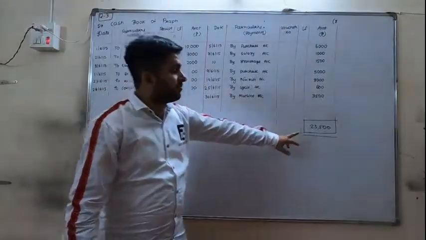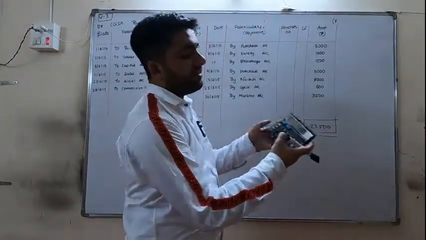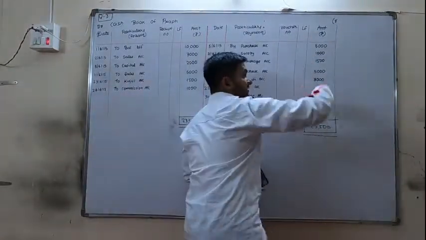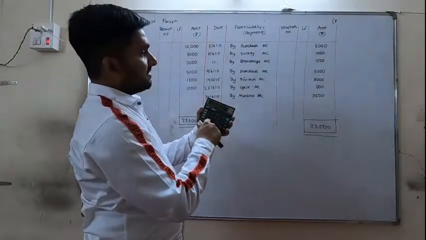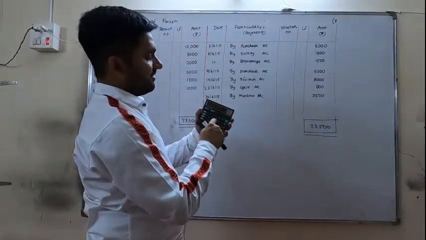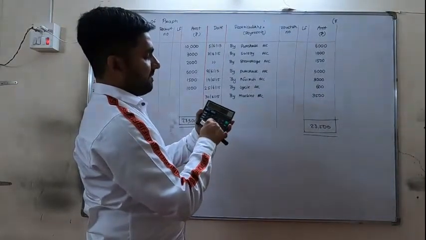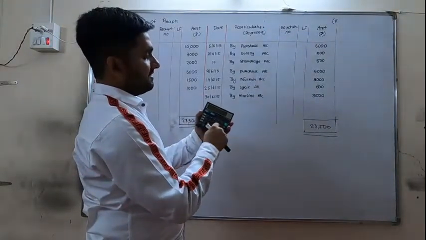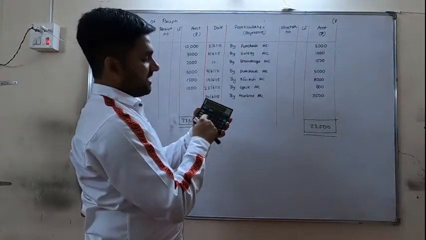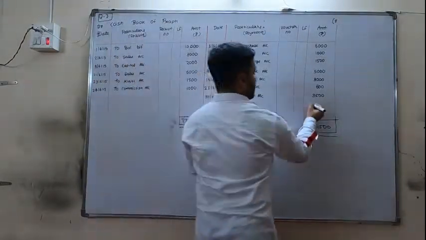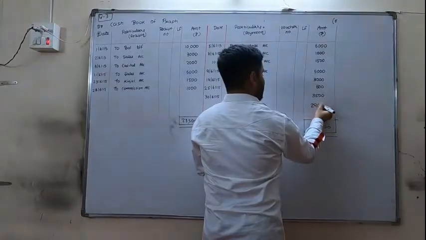After that, you have to write 23,500 in your calculator and subtract each amount. Minus 6,000, minus 1,000, minus 1,500, minus 5,000, minus 3,000, minus 600. Don't make any mistake. Minus 3,500. So it will be 2,900.